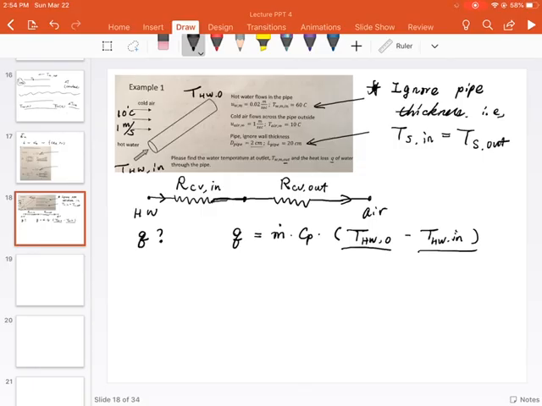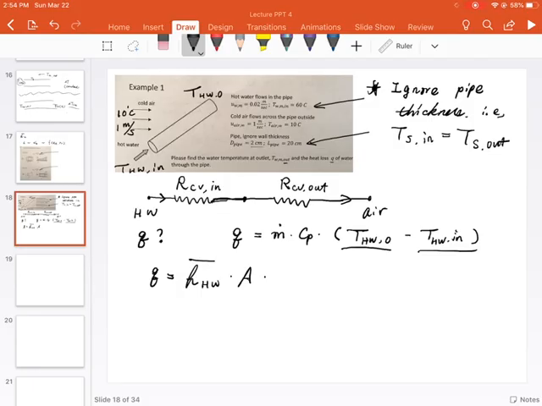And then in order to calculate the Q, Q will be equal to the convection transfer rate. So that will equal h, the hot water average convection coefficient at the water side, times the surface area, and then times the temperature difference.